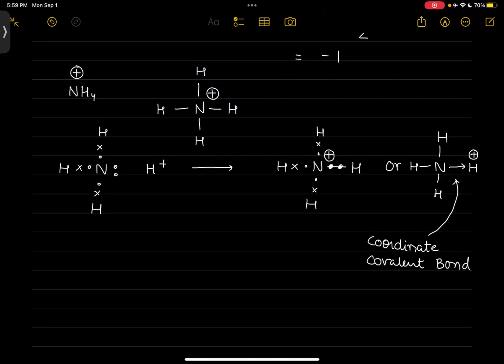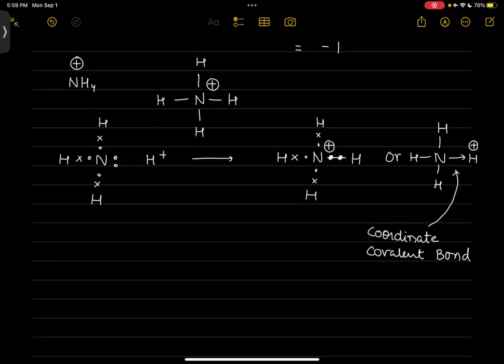Coordinate covalent bond. So just tell me roughly what it is. Quickly tell me. It is when an atom which has already completed its octet will join another atom whose octet is incomplete. And what do they try to do? To stabilize.